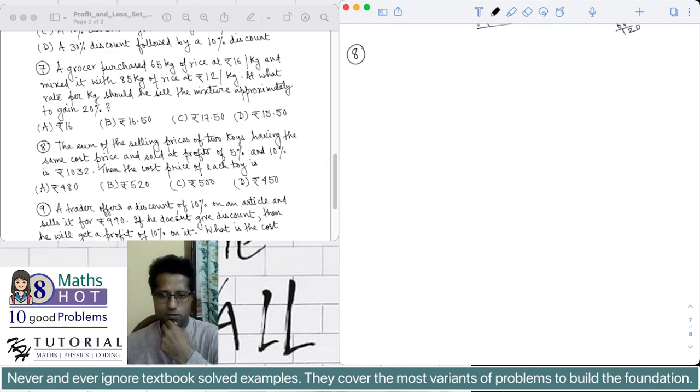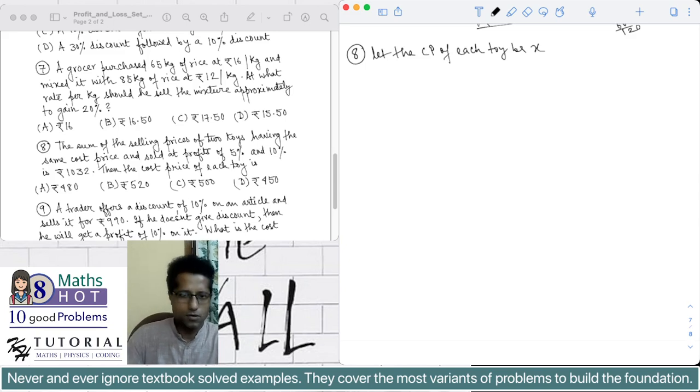Okay, so let the cost price of each toy be rupees X.